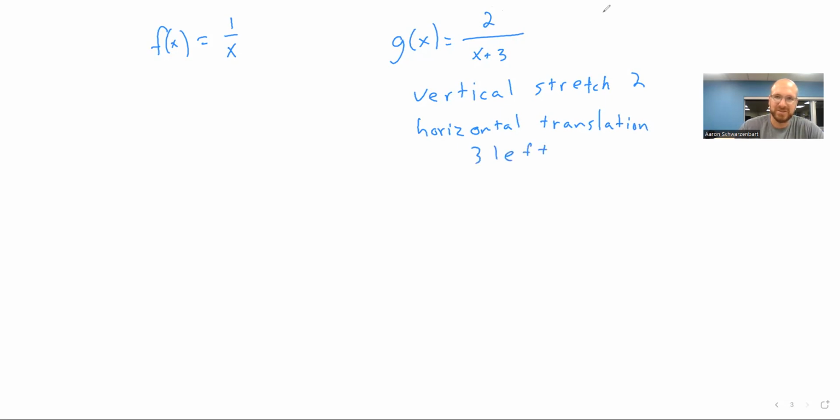I can think of that in my function form as g of x equals 2 times f of x plus 3. That one's nice and clean.